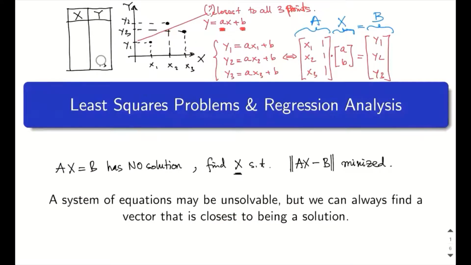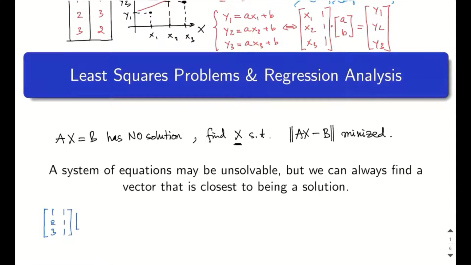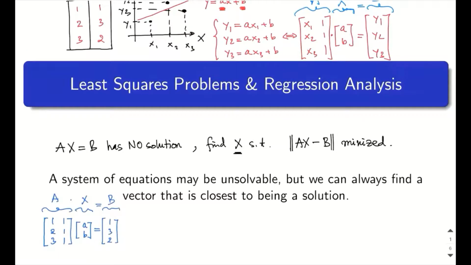So for example, let's change these values into some specific numbers here. Then you multiply the matrix A by the vector x, and you would want it to be equal to the y values, right? There is no exact solution for this one.